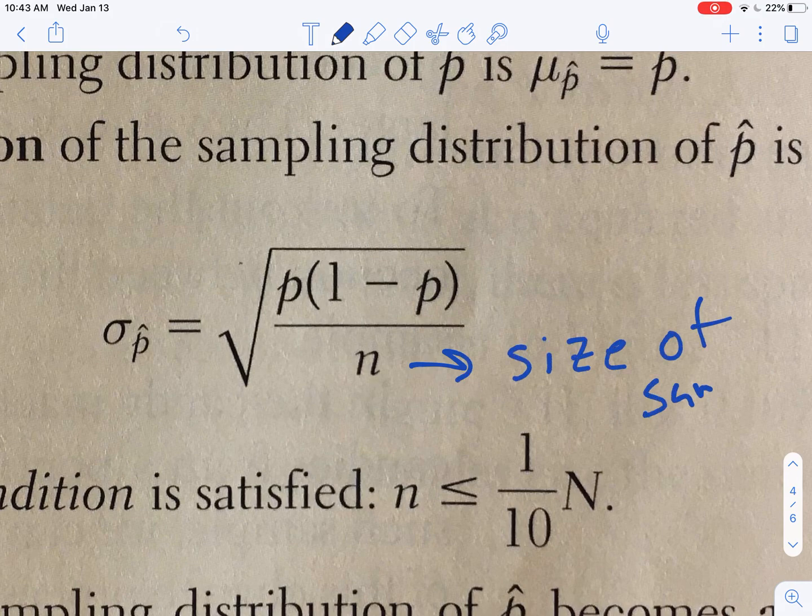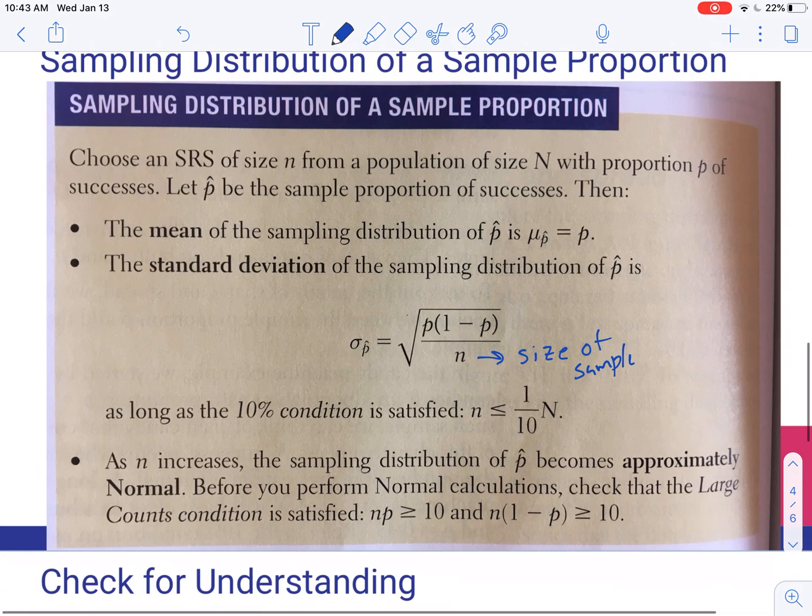And this should look a lot like that binomial distribution. We're basing the size of our standard deviation on those binomial conditions that we learned in chapter 6. It's the same standard deviation formula. And then we're looking at our sample size.